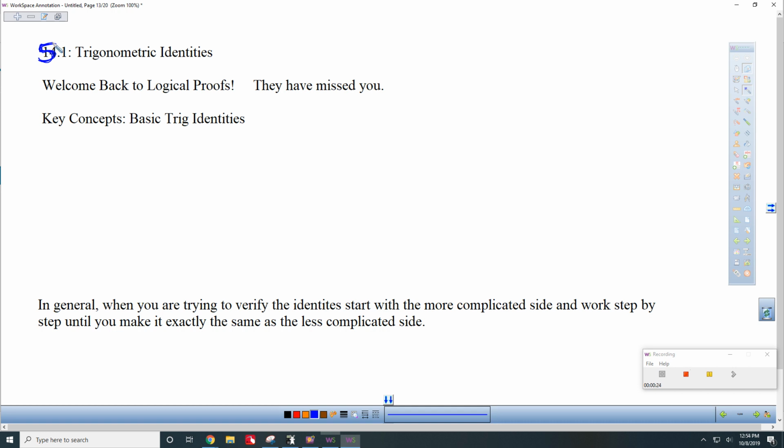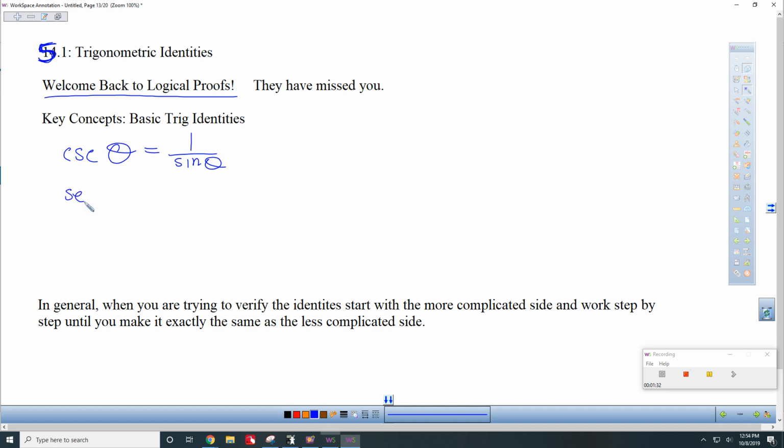Welcome back to logical proofs, but they're not the same because now these proofs have equal signs. To get you started, you need to know some pretty basic trig identities. So the cosecant of theta, just remember that that's 1 divided by the sine of theta.